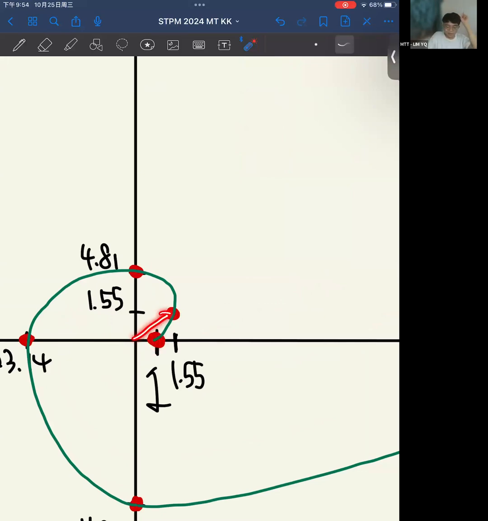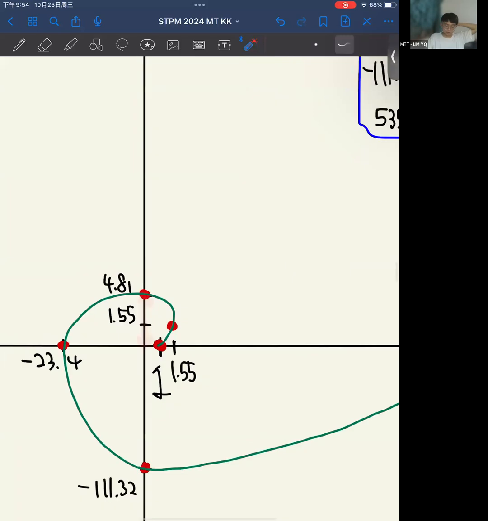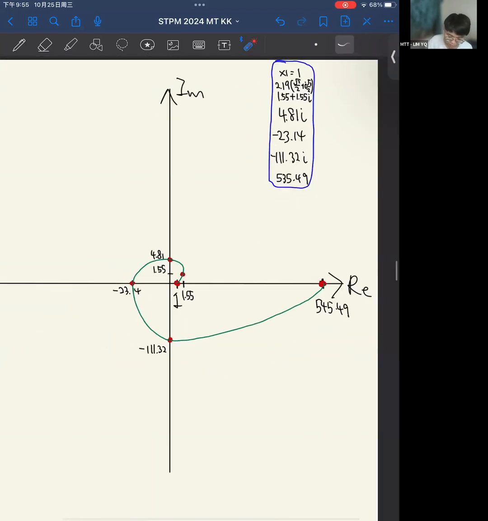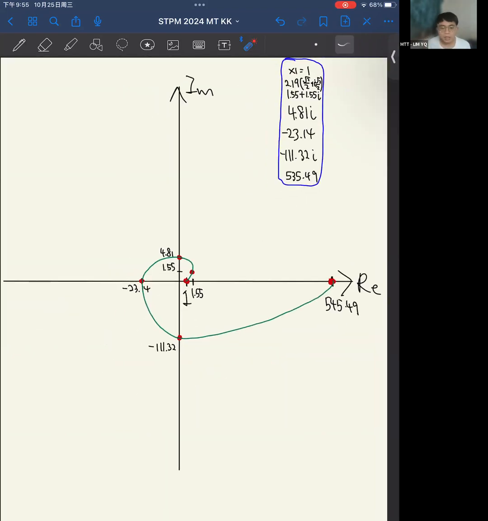Next, the distance is 2 point something, as you have shown already. And this distance is 4.81 and continues increasing: 23 something, 111, and then 500. It increases in exponential growth, super crazy fast. Now I tell you how to use the calculator to draw.